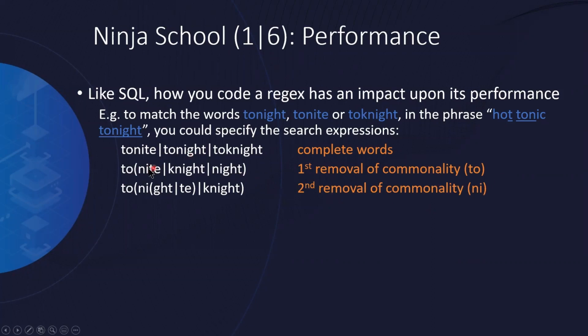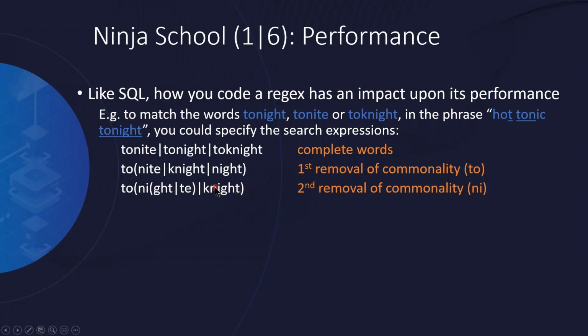NI appears in here, or in this word, and this word. So let's remove that. So TO, NI, and NI can be followed by GHT or TE. Or I'm looking for KNIGHT.